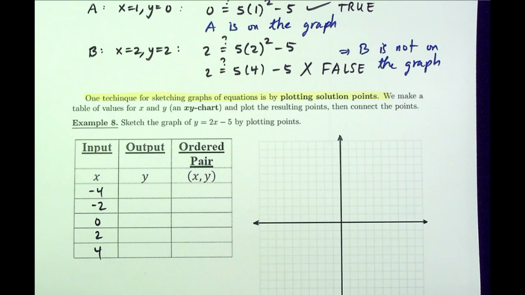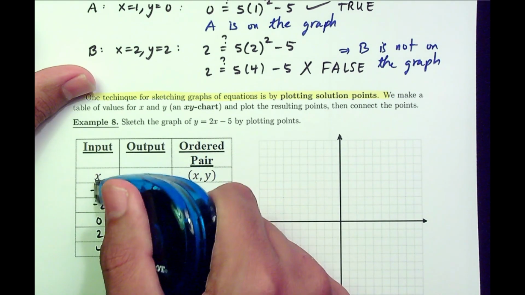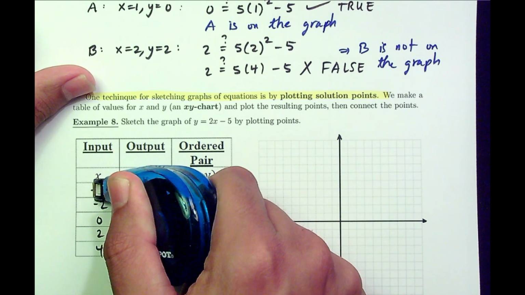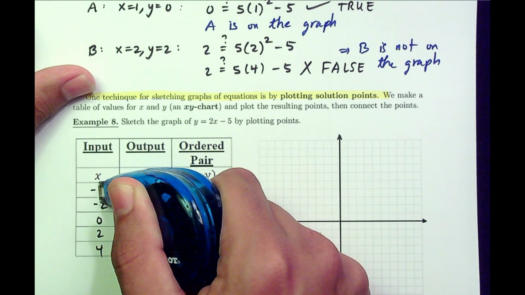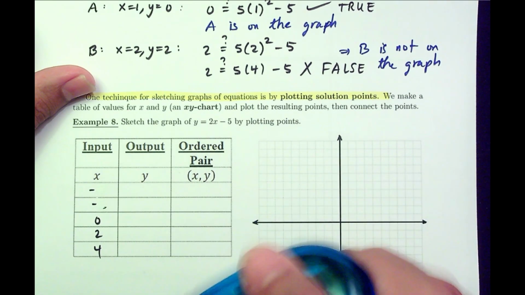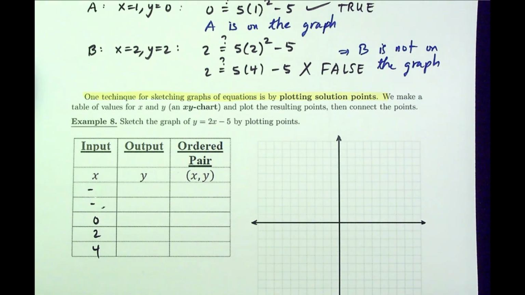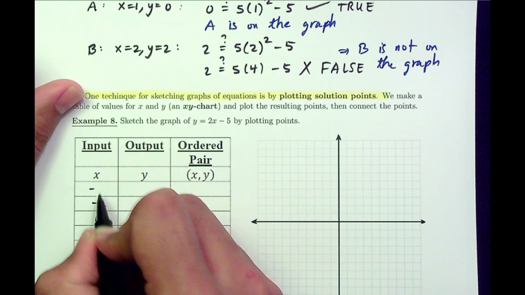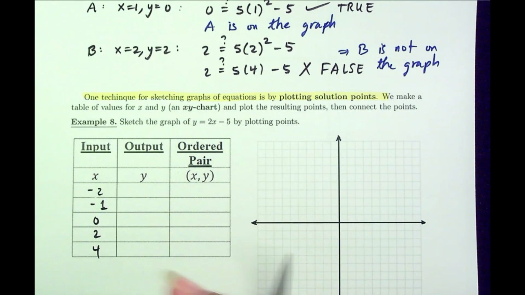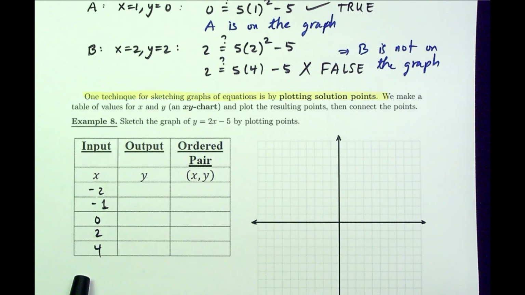So you should keep in mind, when you're sketching graphs, the size of your graph paper. This one is a 10 by 10, so that's not good. So let's choose smaller numbers. Let's say -2, -1, and maybe here, these ones should be all right.